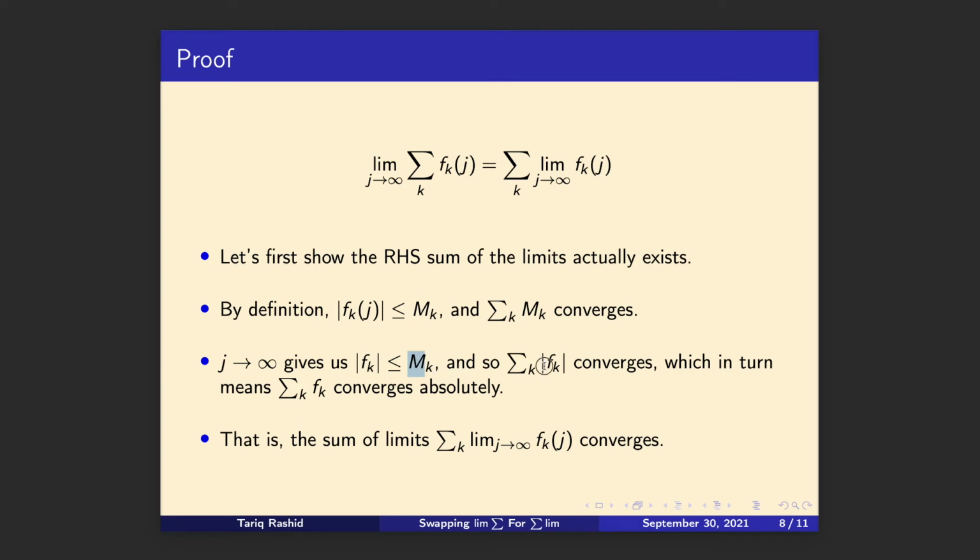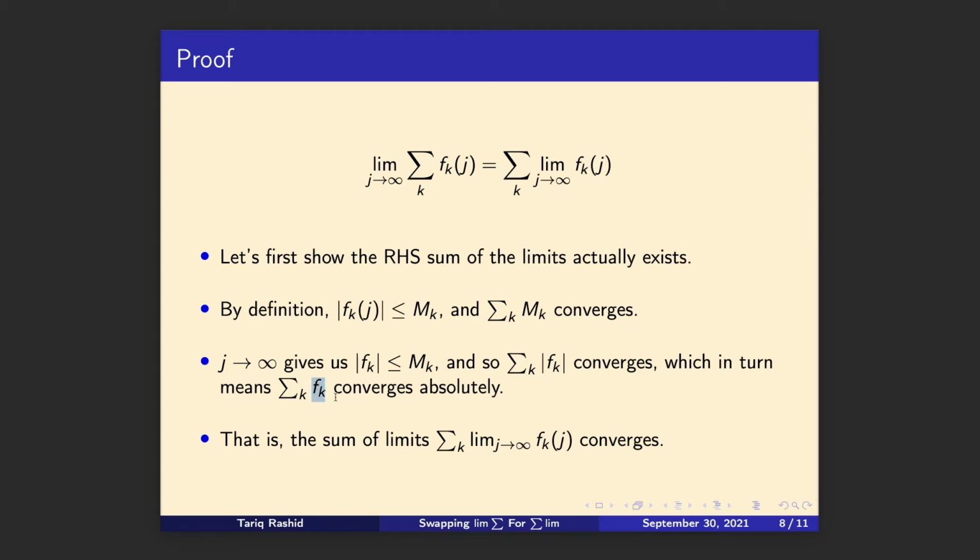And so this sum of the magnitude of fk over k's converges. So if a sum over a magnitude converges, we recognise that as absolute convergence of the terms. So when the magnitude of fk converges, we can say that fk converges, and it converges absolutely.